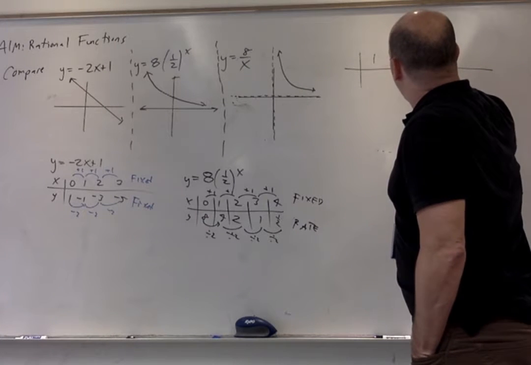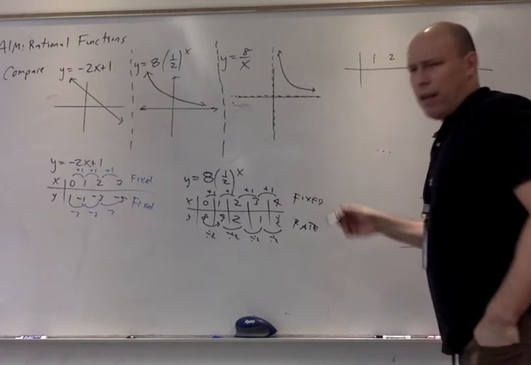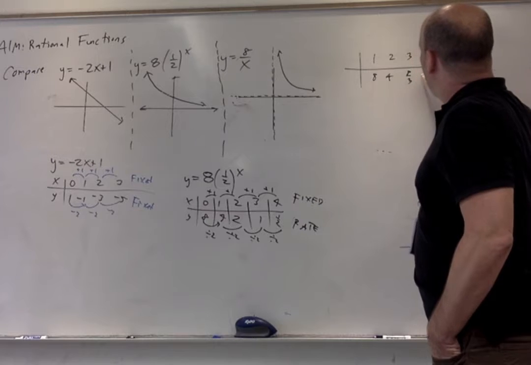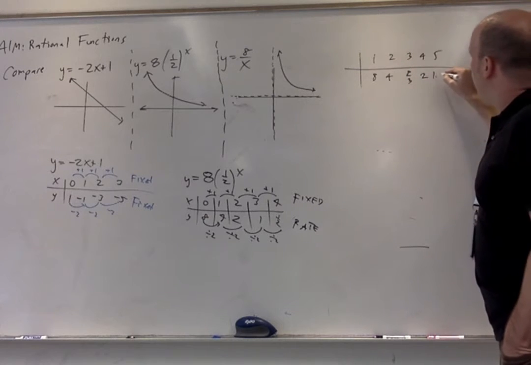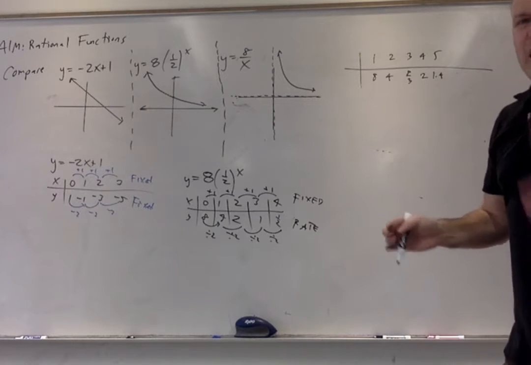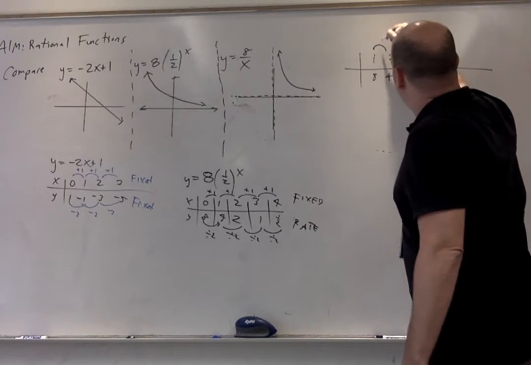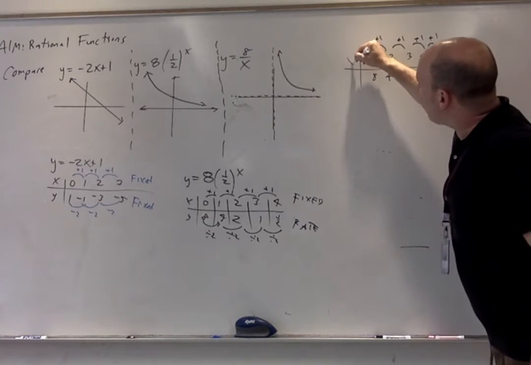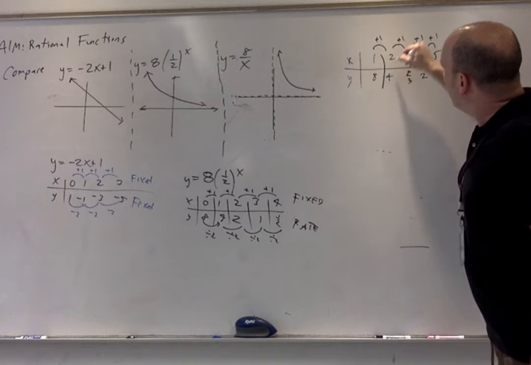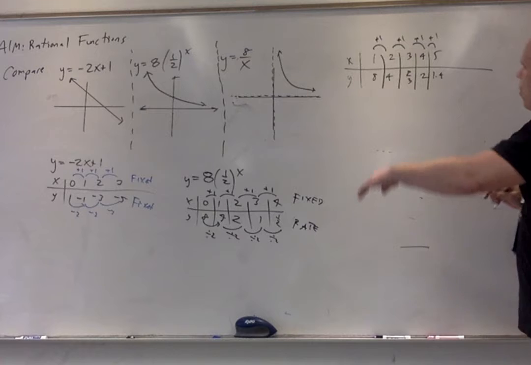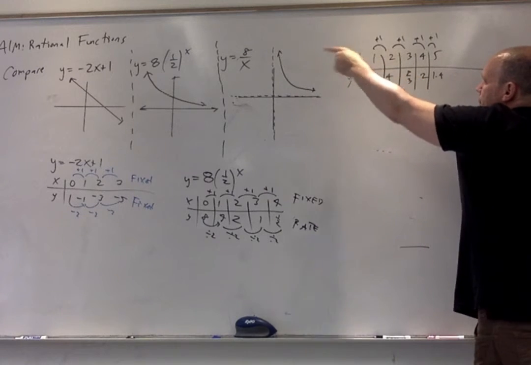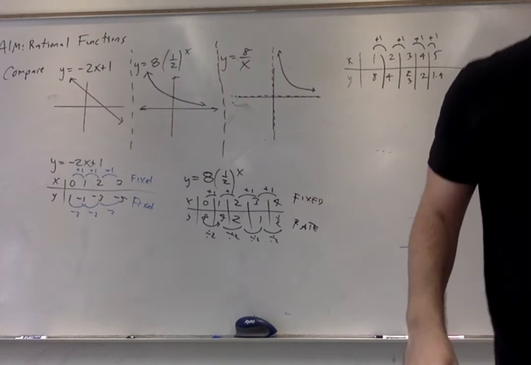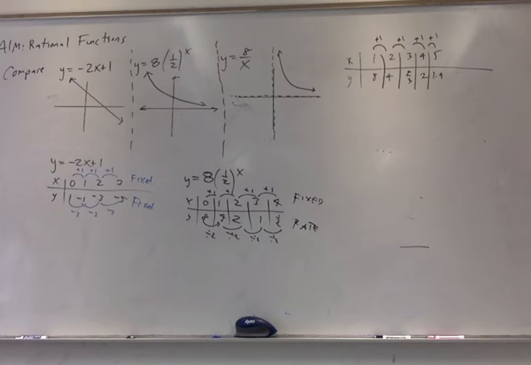I'll go 1, 2, 3, 4, 5, and I'll see what happens. 8 divided by 1 is 8, 8 divided by 2 is 4, 8 divided by 3 is approximately 2.6. I'm not really hitting anything fixed here.